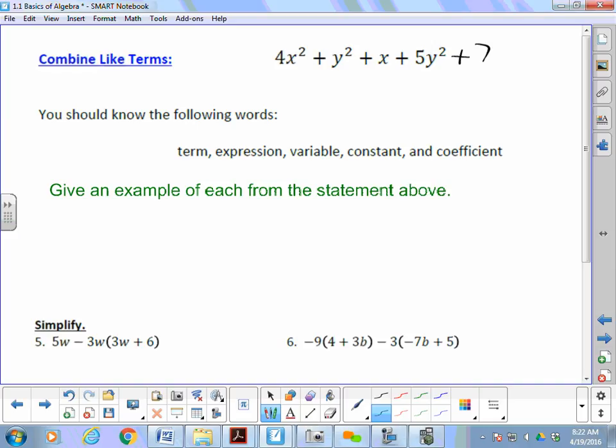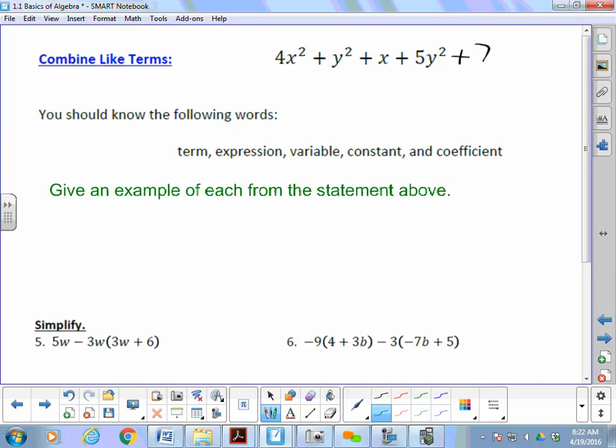All right, how about an expression? What's an expression? All right, Gracie, how about an expression? The whole thing would be an expression. That is correct. Because an expression is a group of things that are separated by pluses or minus signs. So the whole thing is an expression.